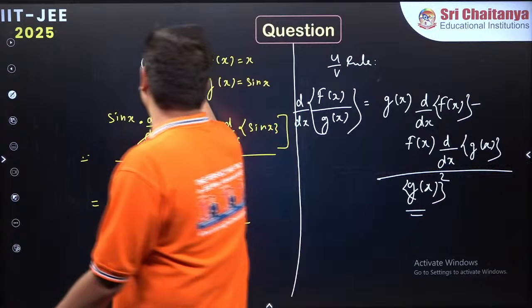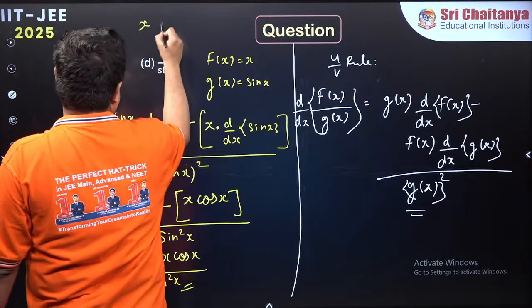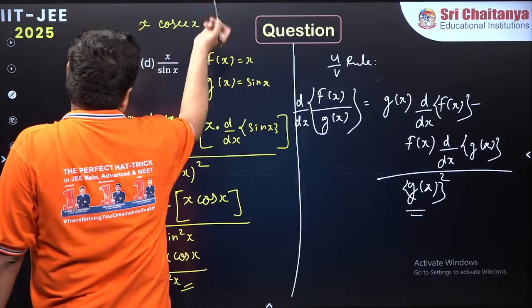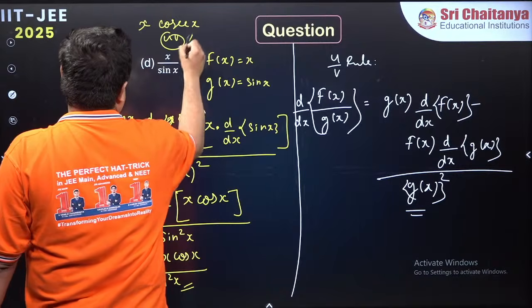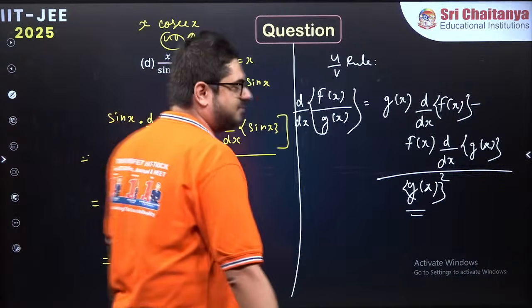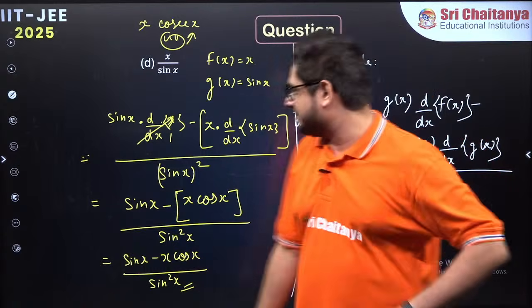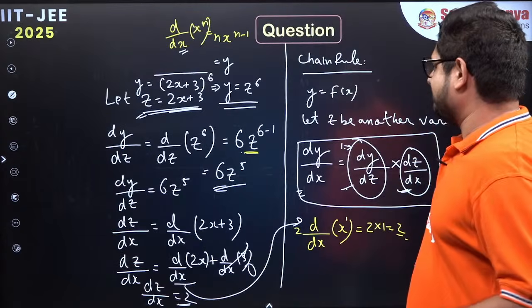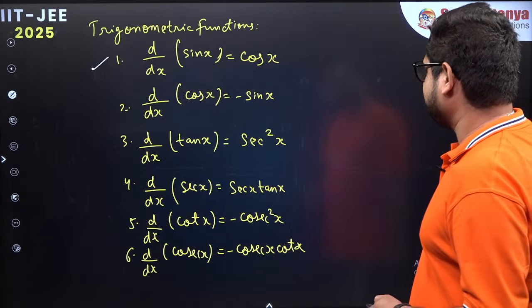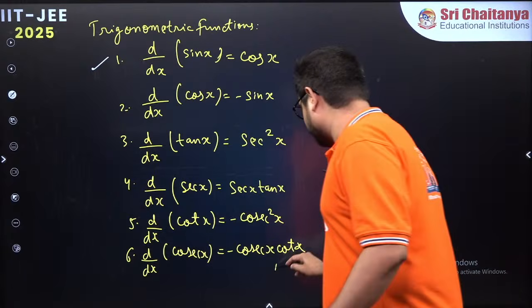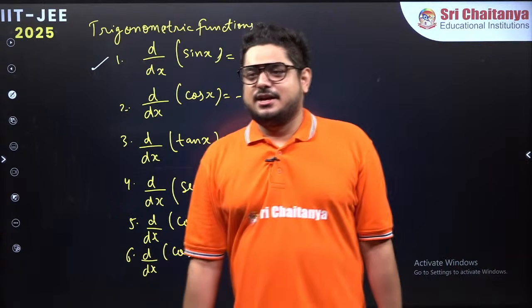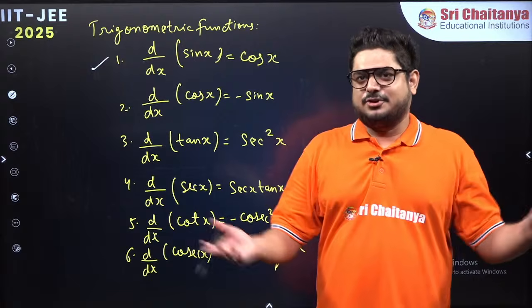You can also do it like this: x into 1 by sin x is cosec x. Then you can use the UV rule to get this. You will be getting the same answer. d by dx of cosec x we have already discussed, right? Over here you can see. So that's it for today.